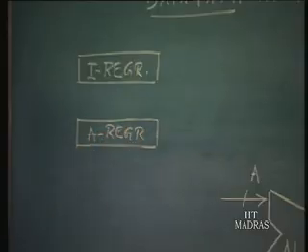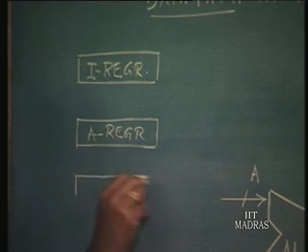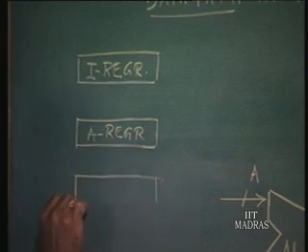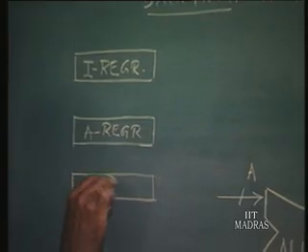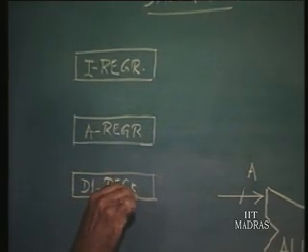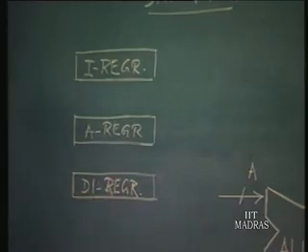Then we were mentioning data registers, so I'll just assume that we have say 2 data registers. For this I call this D1 register, just one of the 2 data registers.